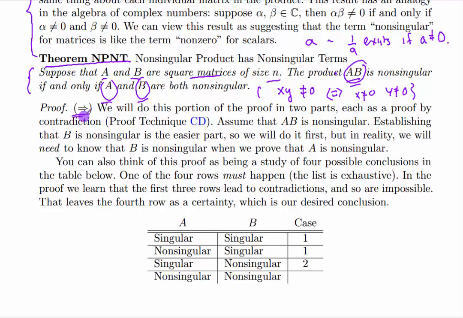So in the forward proof, we're assuming this statement, AB is non-singular, and we're proving as a result that both A and B are non-singular. Okay, so let's assume that AB is non-singular. Now the steps we're going to take is, the first step is we're going to show that B is non-singular. And then the second step we're going to show is that A is non-singular. Okay, so we have our non-singular product, and I want first of all to show that B is non-singular.